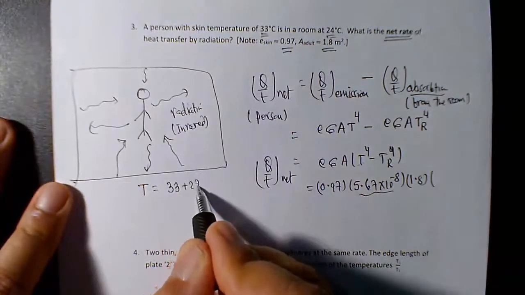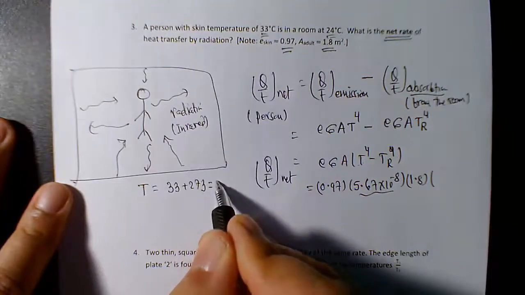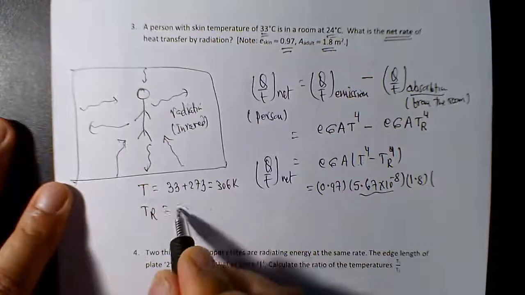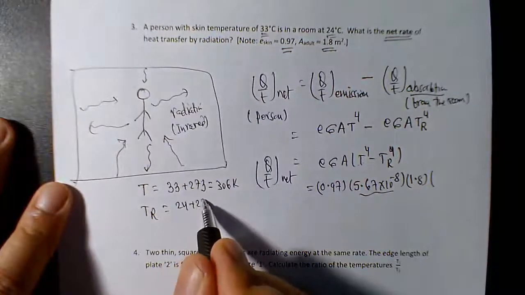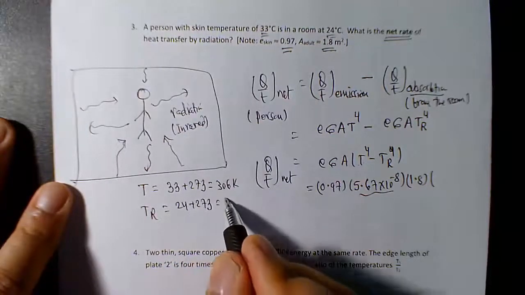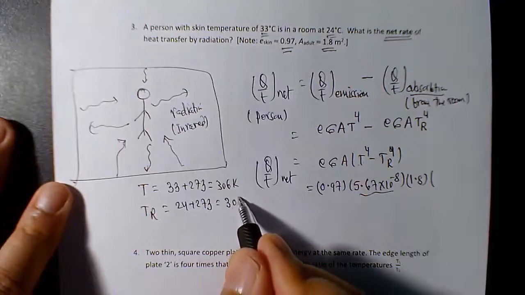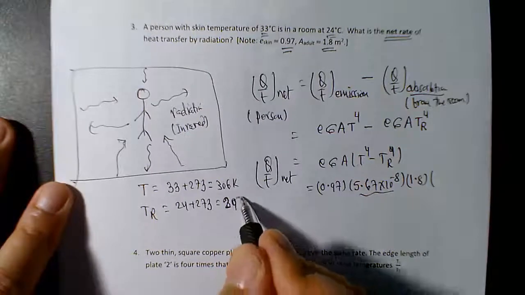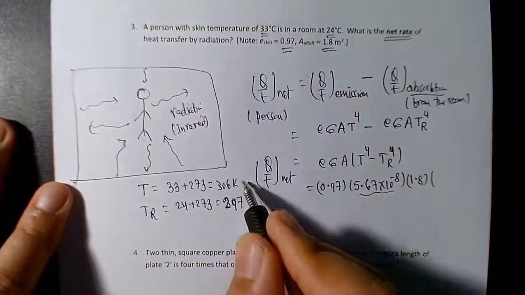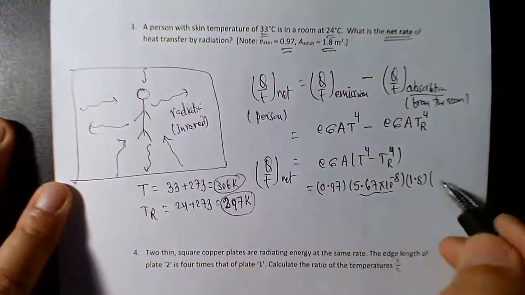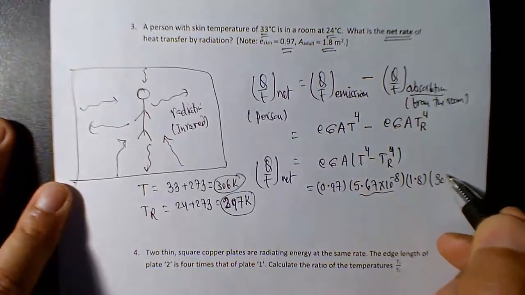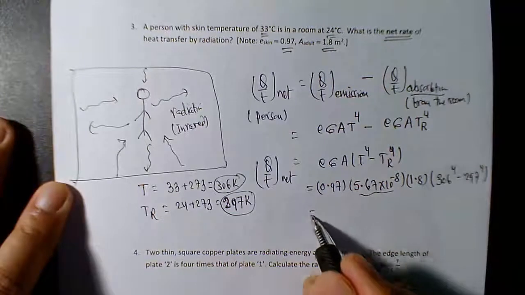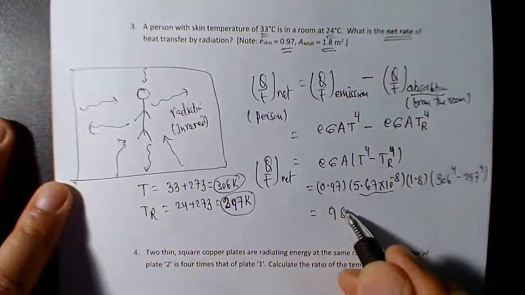So 273 plus 33, 306 Kelvin, and the room is at 24 degrees, so 297. Make sure you do this and then put it back here. So 306^4 minus 297^4. Okay, so that's our answer, about 98 watts.